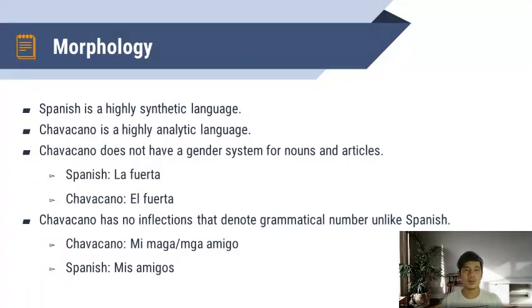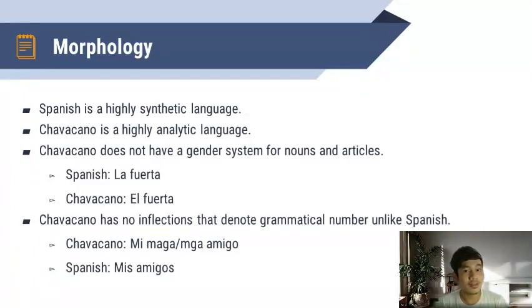For example, we say la puerta, el ojo, la canción, la nariz, la universidad, although there are exceptions to this rule. Okay, for example, the word sistema in Spanish is considered to be masculine, and it is said as el sistema rather than la sistema.